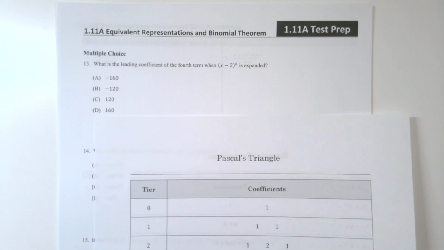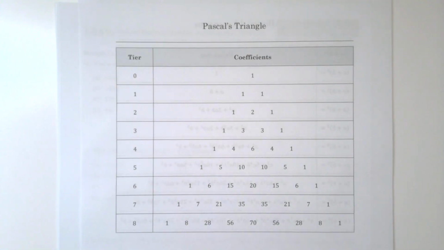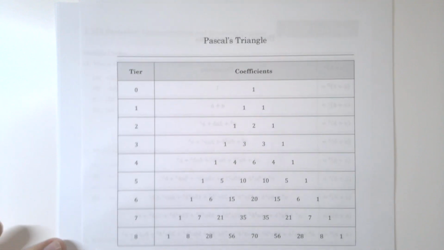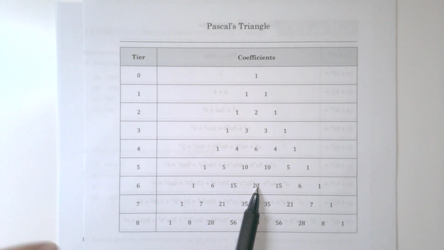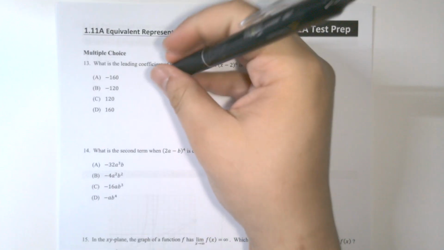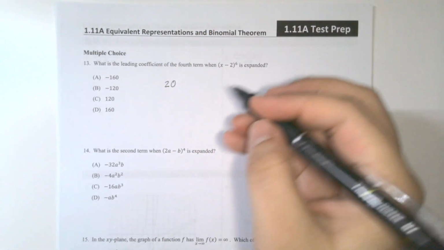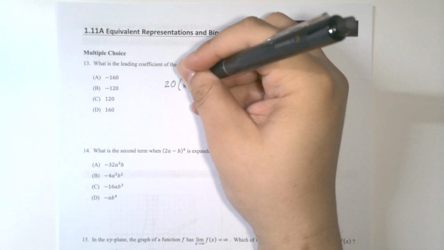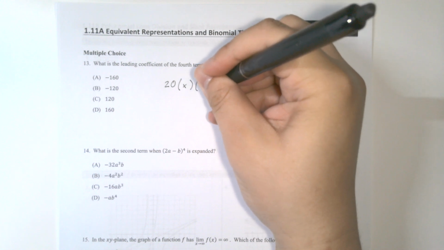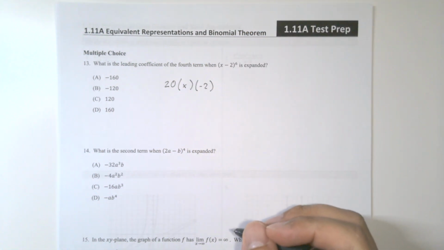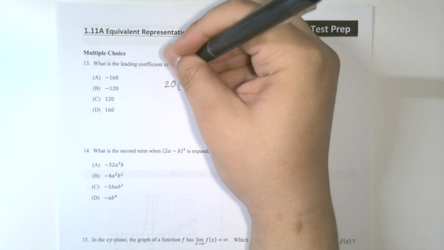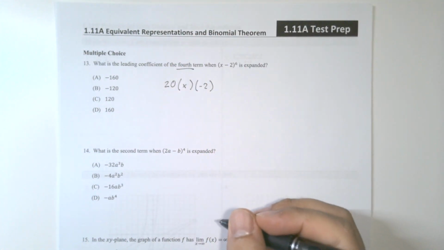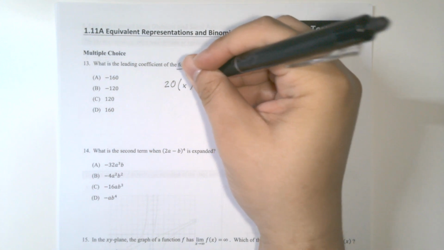However, if we look at our triangle, we're looking at tier 6, and we want the fourth term. We have 1, 2, 3, 4. So this is going to be 20 for the coefficient. We have x and negative 2. And then for the fourth term, we have 6 minus 4, which is 2, and then plus 1 is 3.